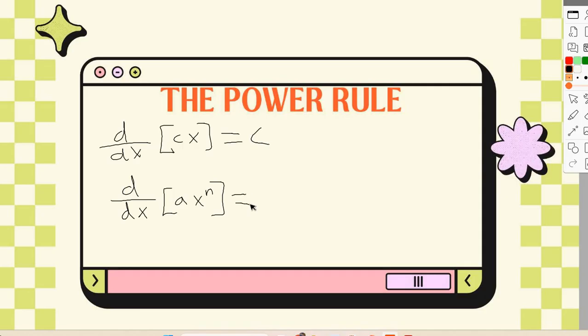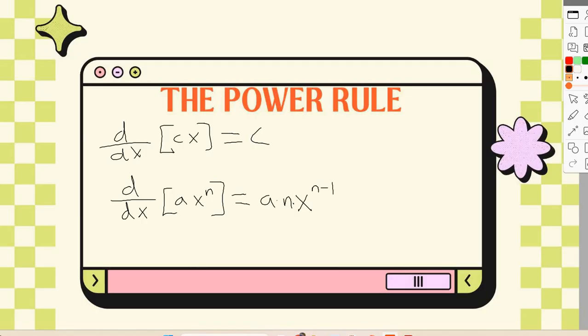Now, the second one, we did say that we are going to subtract 1 from our exponent. Now, from just the graphs that we graphed, it's a little bit hard to see, but what we also actually do is we multiply the front by our original exponent.